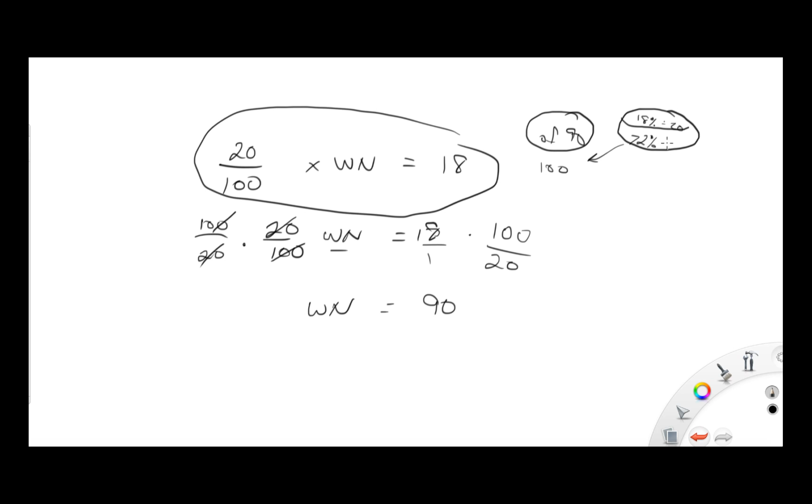But 72 is going to equal, not percent. Percent is over here, 20%. That means 80% over here. So 72 is going to equal 80%. So we're going to show those off in a drawing like this. And if they say diagram the answer, this is what you're going to do.